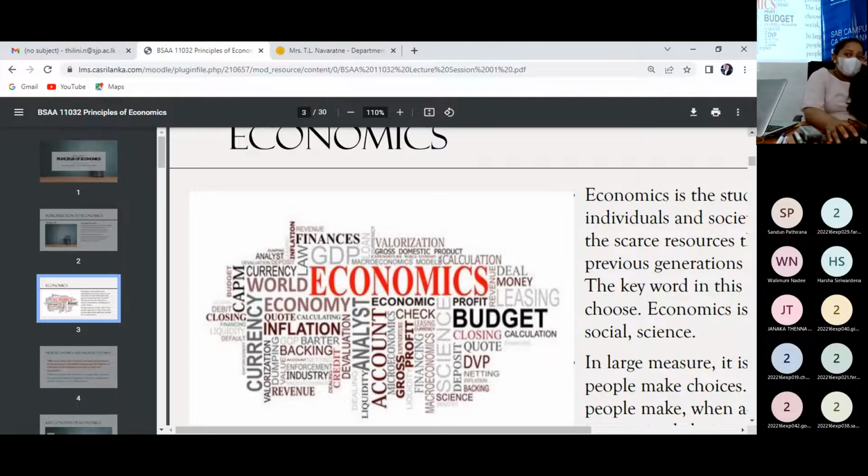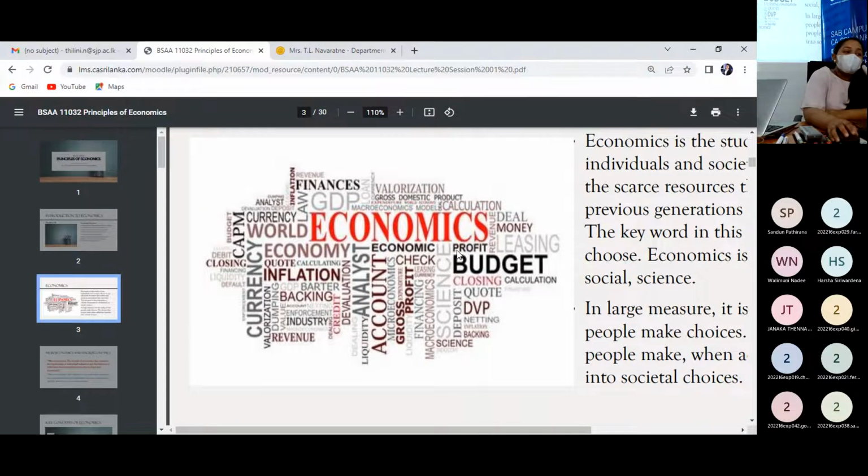So if you take the word cloud for economics, what are some of the interrelated words, terms that come into our mind? So the next big one, budget, inflation, finances, account. See, this is why I wanted to relate to you all. This is why I used this particular word cloud. Economics is interrelated to what you're doing in your company.